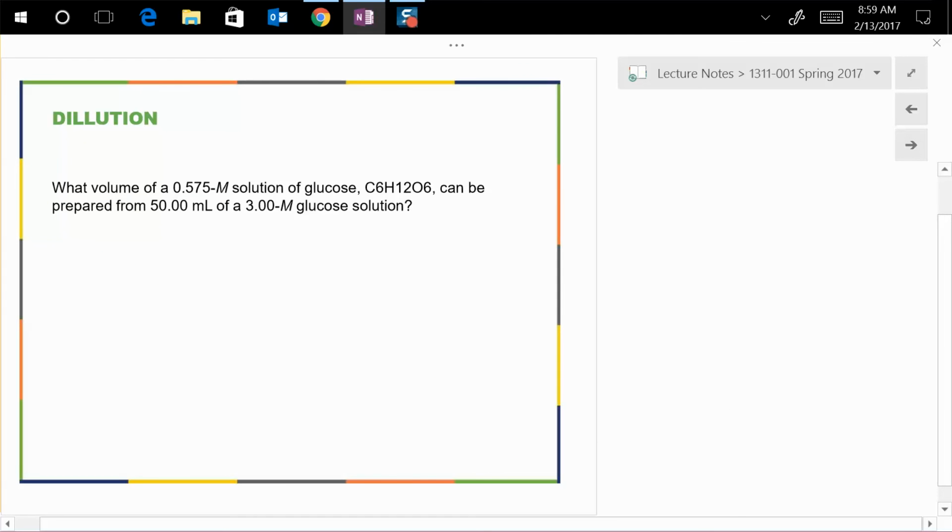Okay, what volume of a 0.575 molar solution of glucose can be prepared from 50 milliliters of a 3 molar glucose solution? So M1 V1 equals M2 V2.